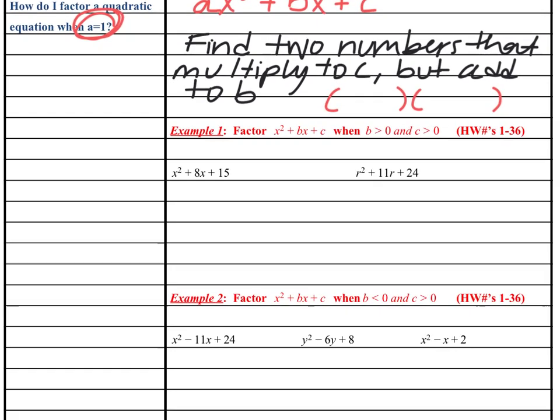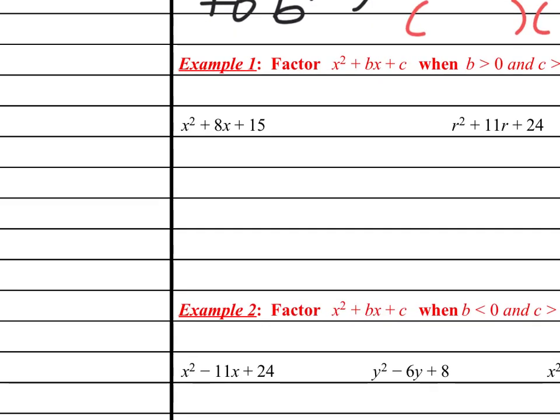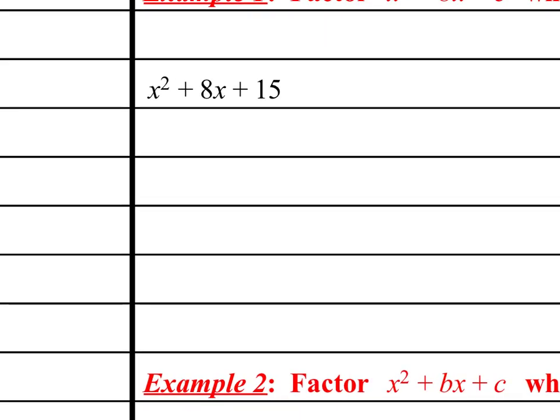This first example, if it helps you, a is equal to 1, b is equal to 8, and c is 15.